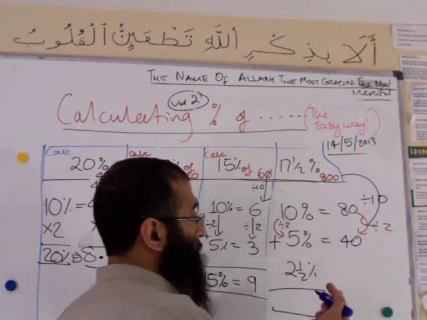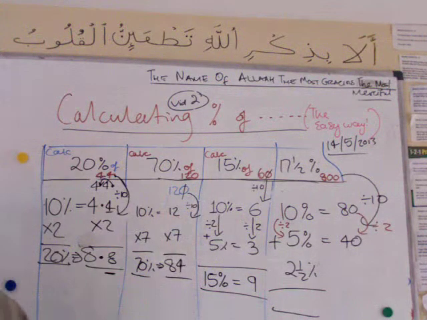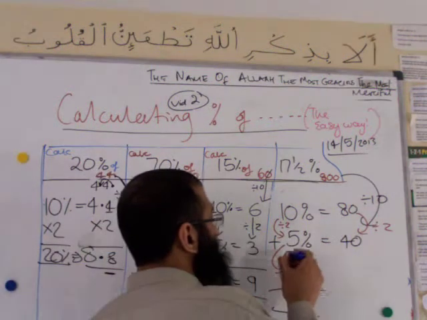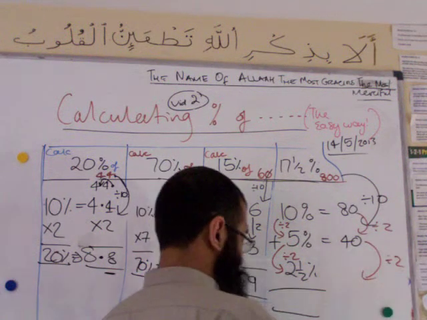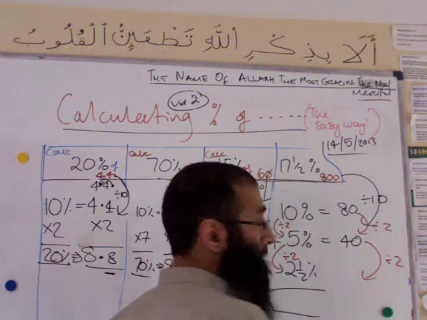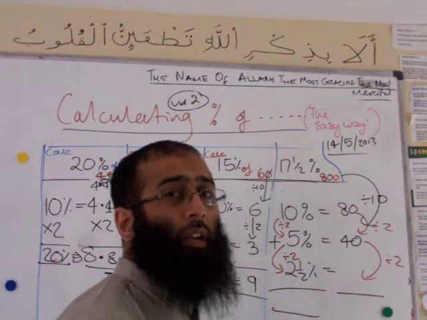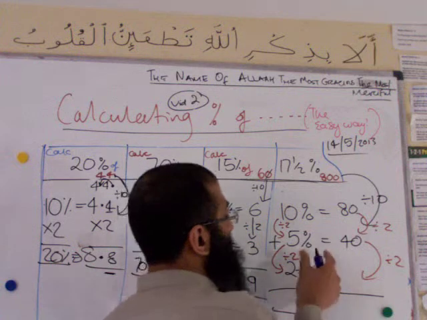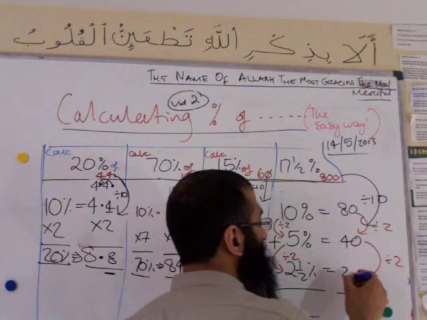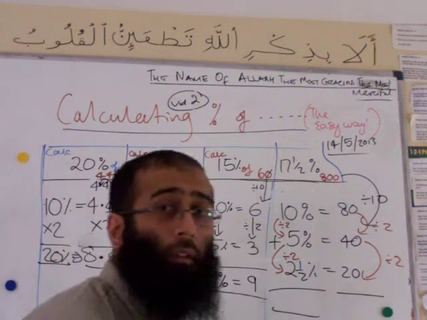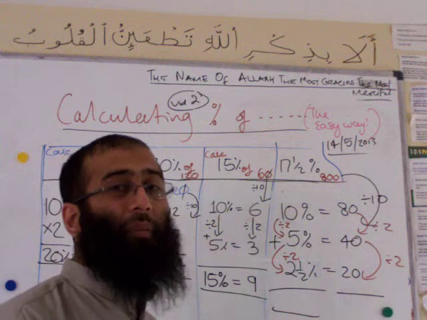Now we need the remaining 2.5% to make 17.5. How do we get from 5% to 2.5%? What do we do now? Okay, we do 40 divided by 2. So 5% was 40. I want half of 5%. So half of 40 will give us 20. So now we have our three components to make 17.5%.